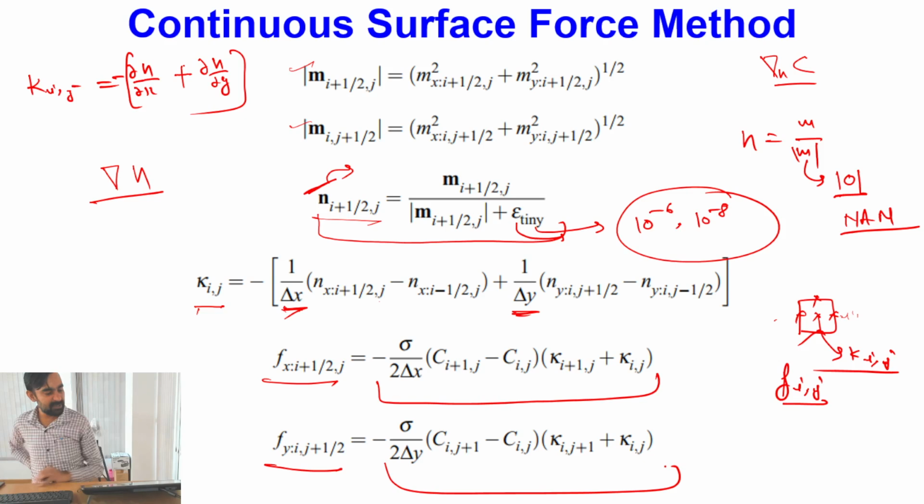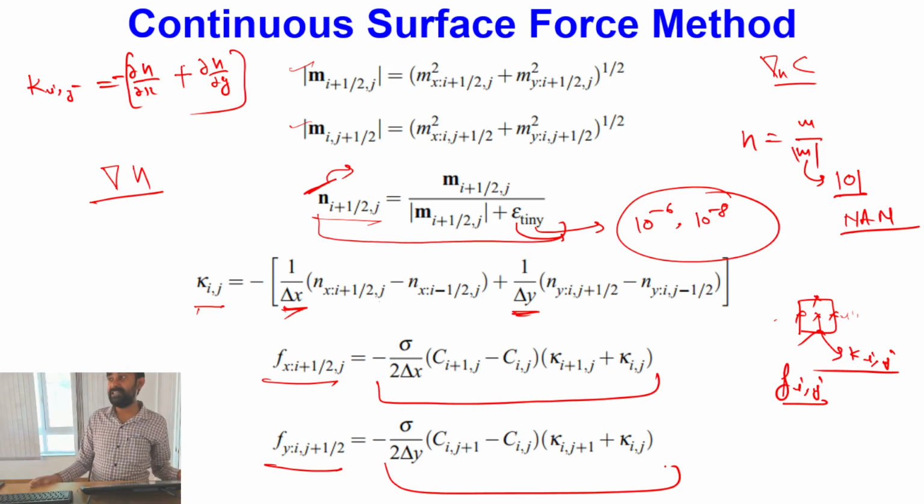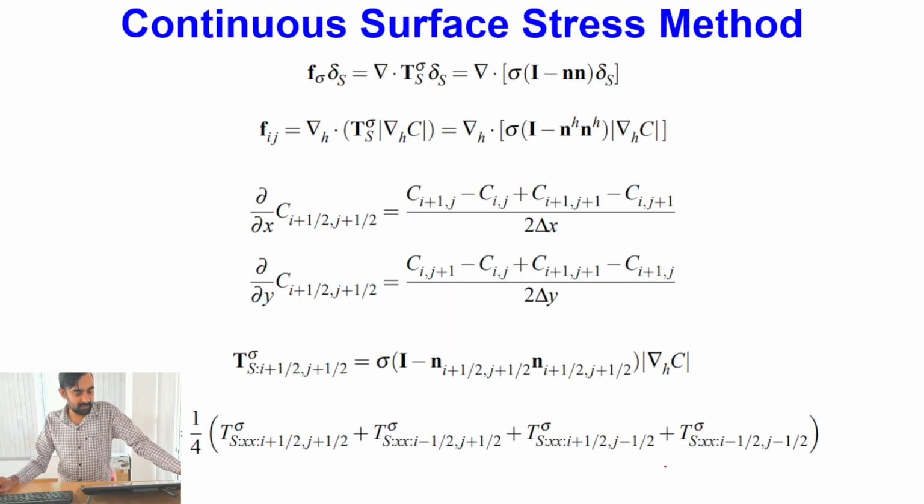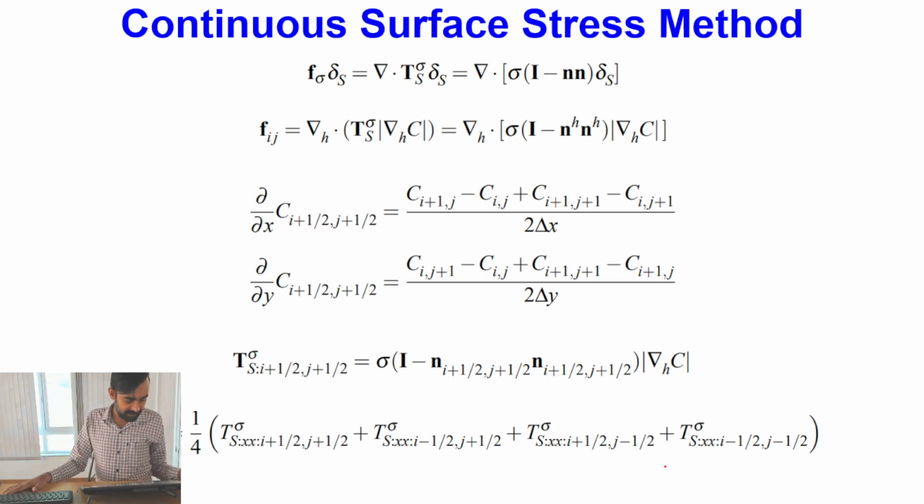So this way of implementing the surface tension force, where we take the help of the color function to calculate the surface tension, is what we call the continuous surface force method. Okay. Now another way is the continuous surface stress method. Maybe because of the interest of time, I will skip this method. But what typically we do in this method, instead of writing the surface tension force as sigma into curvature, we write the surface tension force in terms of the gradient of the surface tension tensor.